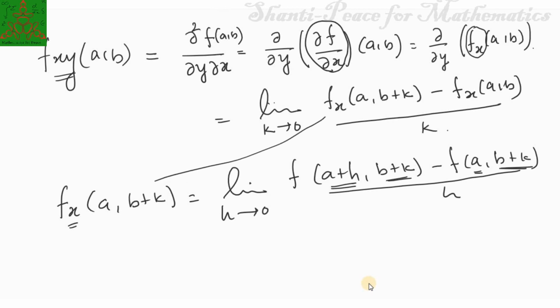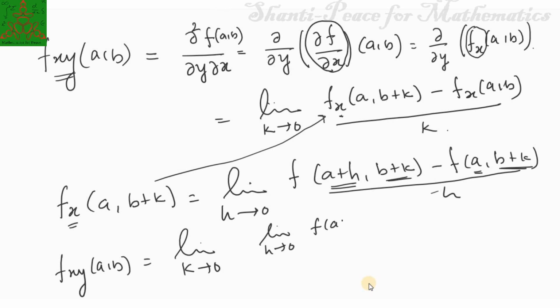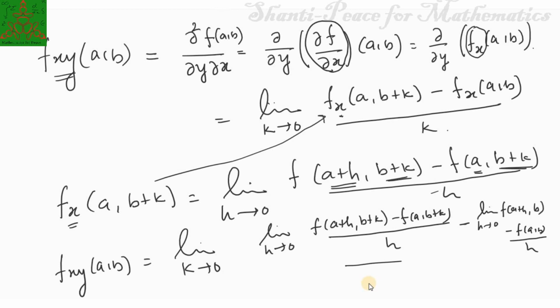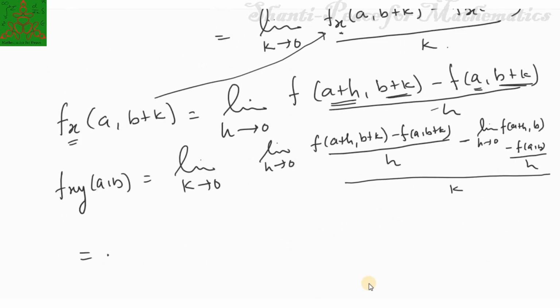Substitute this value here. Then f_xy at point (a,b) is the limit as k tends to 0 of the limit as h tends to 0 of f(a+h, b+k) minus f(a, b+k) upon h, then minus f_x at (a,b), which as per definition is the limit as h tends to 0 of f(a+h, b) minus f(a,b) upon h, the whole divided by k. To simplify this, we take the limits together and get f(a+h, b+k) minus f(a, b+k) minus f(a+h, b) plus f(a,b), upon hk.